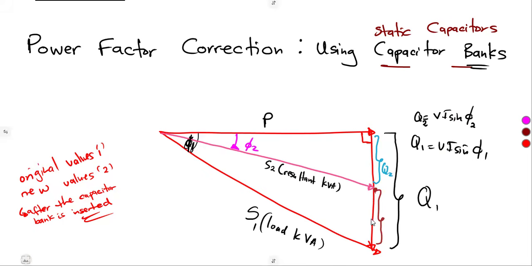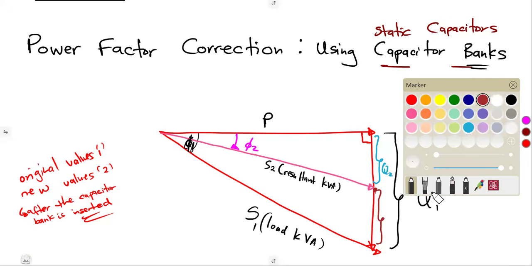So the only way to get this remaining part is to find the difference between these two, Q1 minus Q2. Because Q1 can be determined, and Q2 also, we just subtract Q1 minus Q2 and we have this part. So what is this part that is remaining?